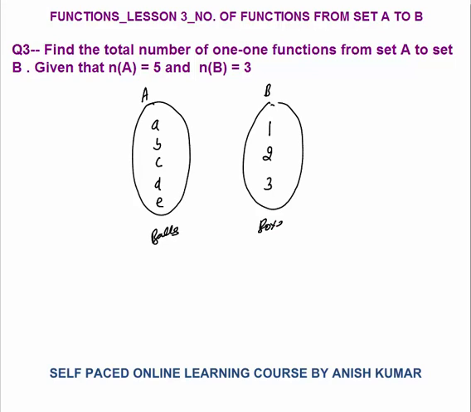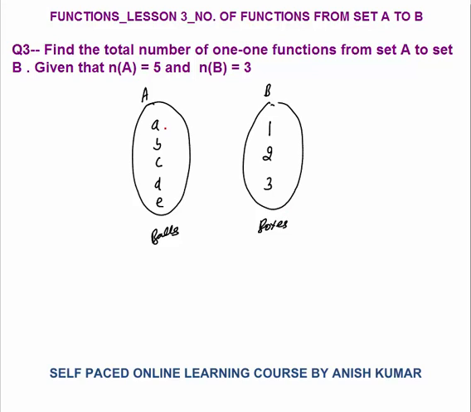Now for a 1-1 function, the definition says that each input has its own unique output. Is it possible that I put 5 different balls into 3 different boxes such that everybody has a unique output? It is not possible.